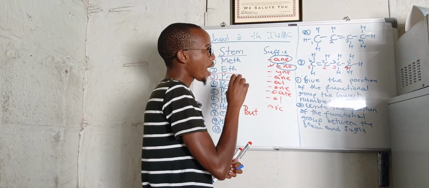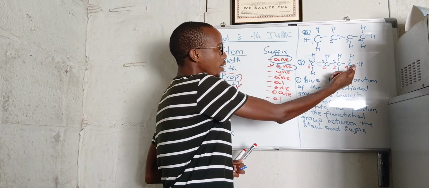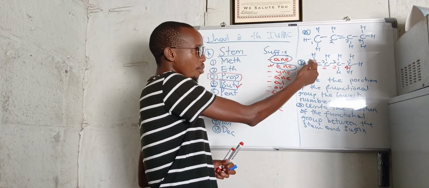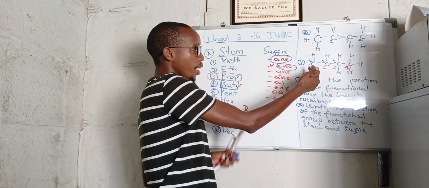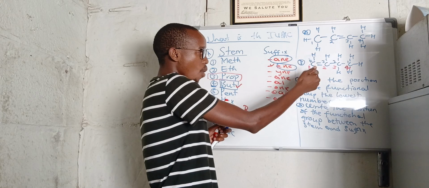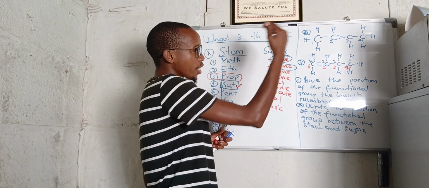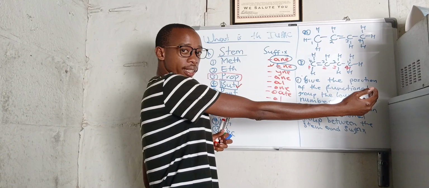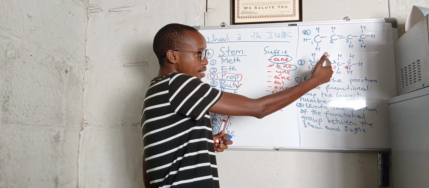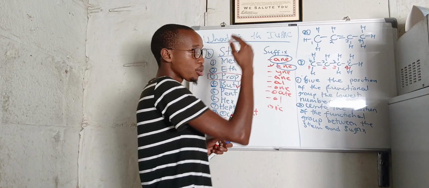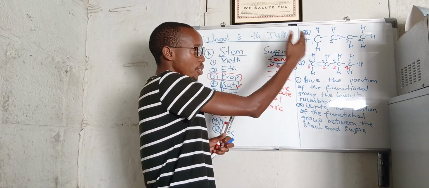Now, as I counted from the right, I said 1, 2, 3, and 4. When I count from my left, it's the same 1, 2, 3, and 4. However, when I check the position of the functional group starting from the right, it is between carbon number 2 and carbon number 3, so I would have to take position 3.